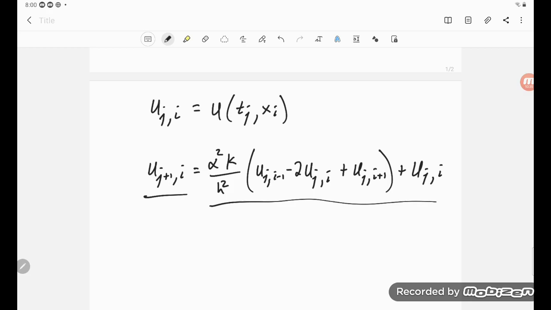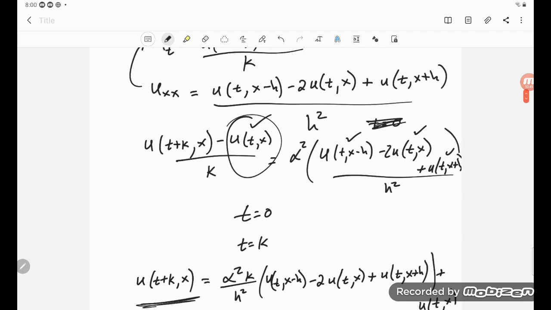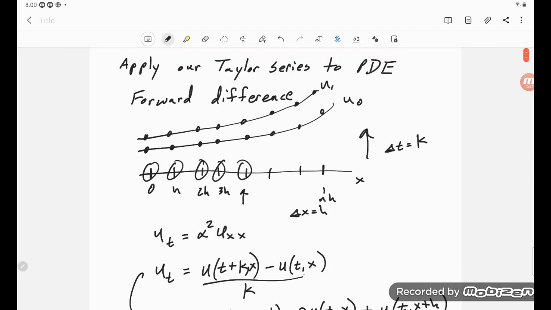And if I do this for every single value of i, I get a bunch of equations. So if we go back here, here's x sub 1, x sub 2, x sub 3, x sub 4, x sub 5, and so forth.